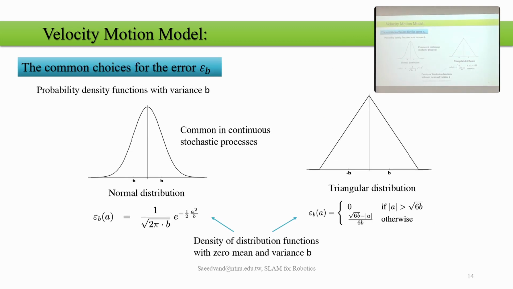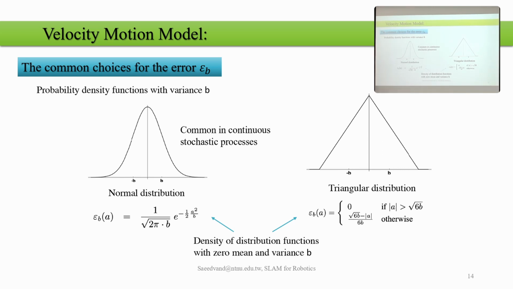So now, common choices for how we can show those errors, like when you think, okay, I know that error or some value, how do I add it to my equation? You can use the probability density function with some variance that shows how much error you have.